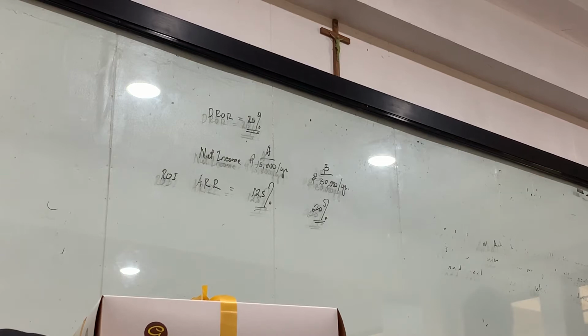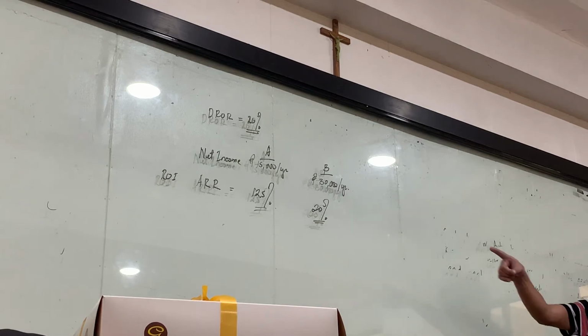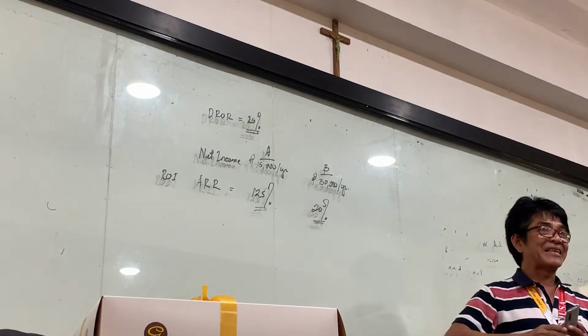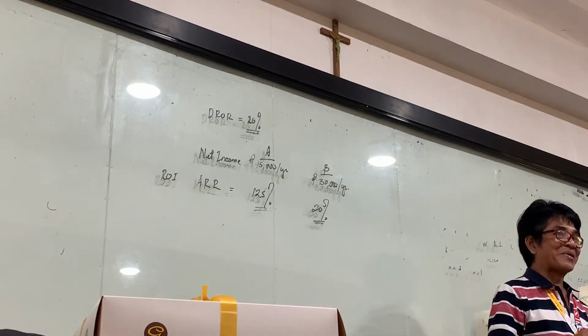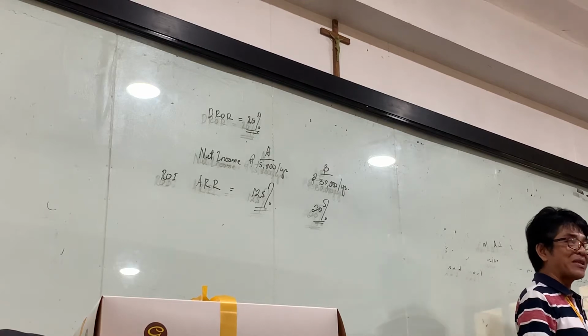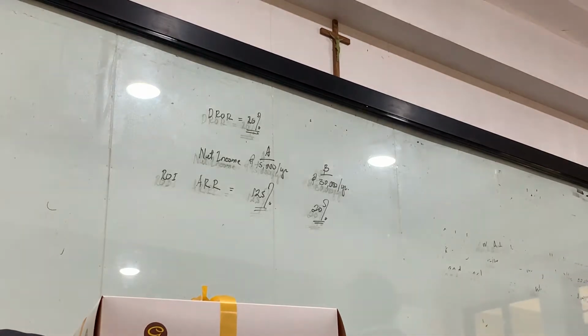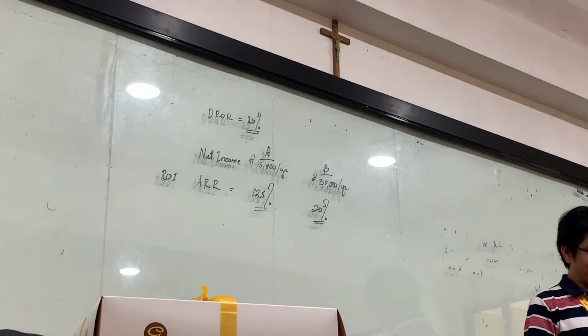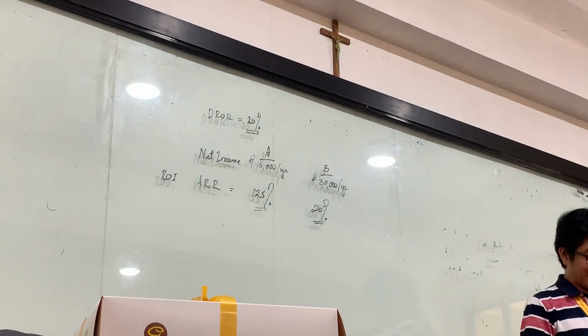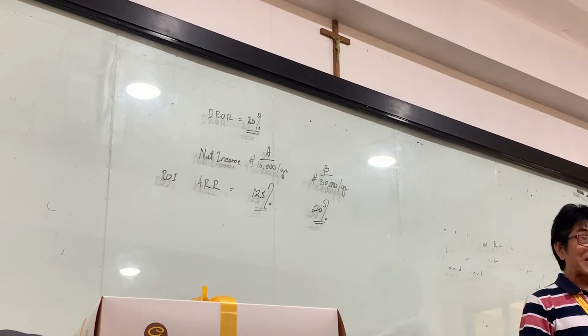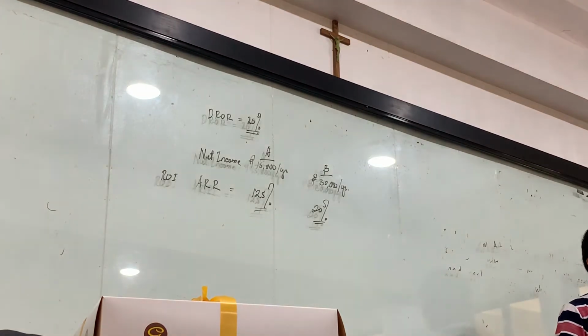It is the best surrogate for net income, not for risks, because payback period is the best surrogate for risks. What about this one? It is about profitability. Right. We're talking about net income, therefore it is about profitability.